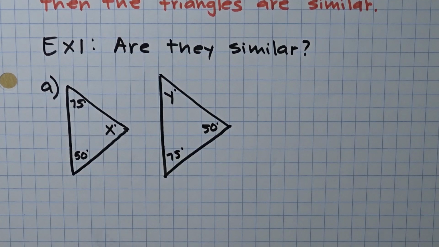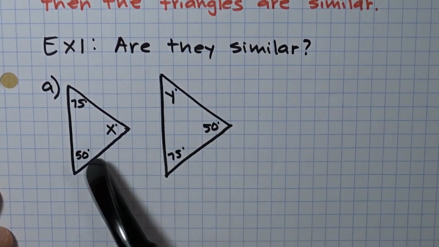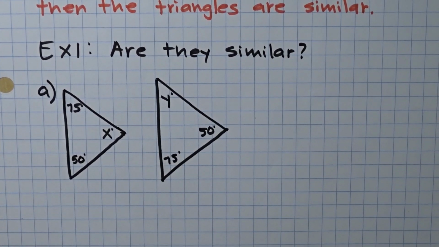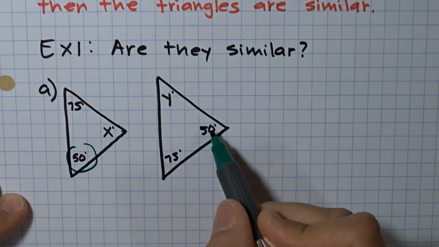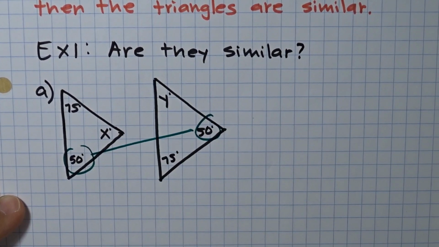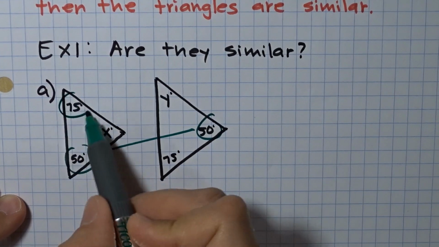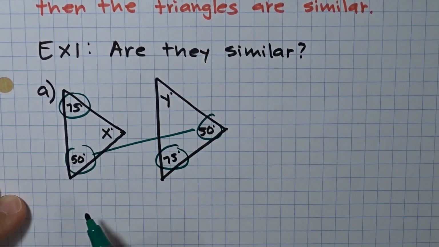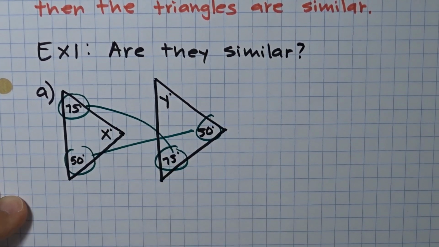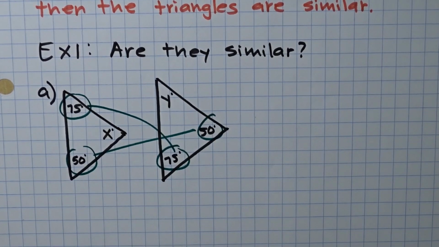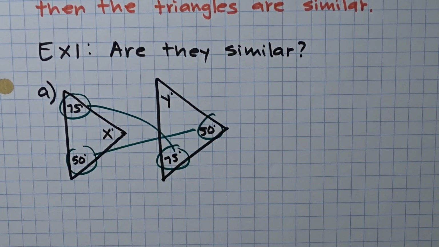Now, we need to check if we have 2 pairs of congruent corresponding angles. Well, as of right now, I can see I have 50 and 50. Those are congruent and they're corresponding. So I have 1 pair. And I have another pair here, 75 and 75. So I do have 2 pairs of congruent angles, so they are similar.